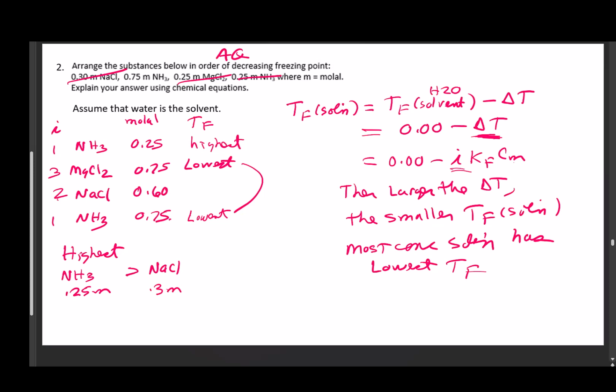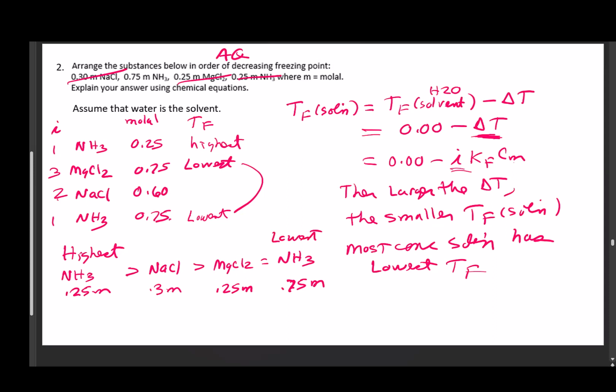And then the two lowest would be the magnesium chloride, originally given as 0.25 molal, and the ammonia, 0.75 molal. Okay. You can calculate them out, but you don't need to. The highest concentration have the lowest freezing point.